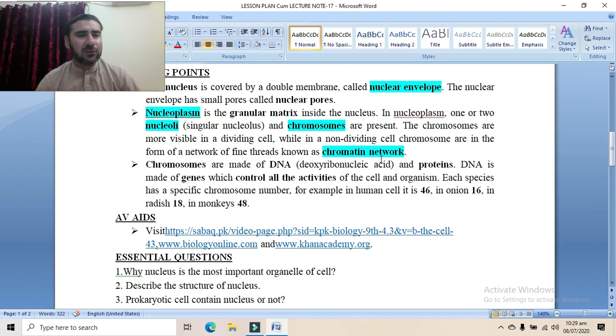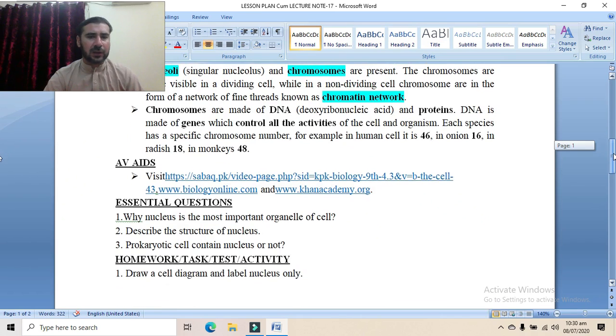So chromosomes are visible during cell division, and specifically during the metaphase stage, while during the normal condition, whenever there is no cell division, the chromosomes are in the form of chromatin network, in the form of small threads which form a network.